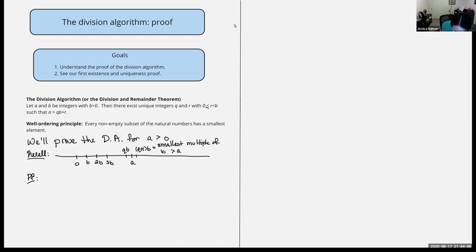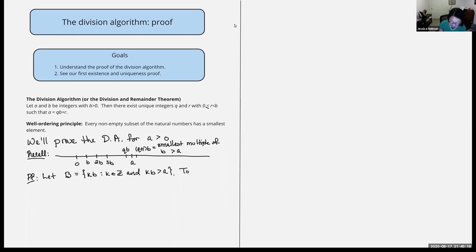So let capital B equal the set of all multiples of B, KB, such that KB is strictly bigger than A. Okay, I want to apply the well-ordering principle to this set in a minute, but first I need to know that this set is non-empty.